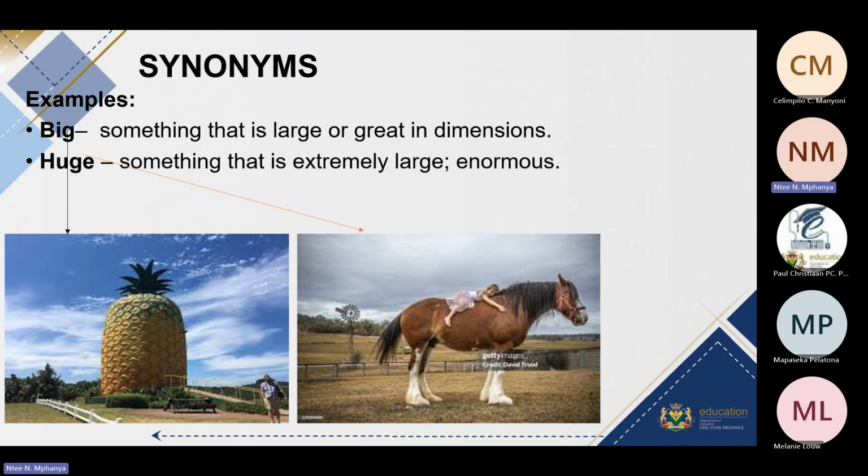It is a huge horse. It has an enormous size. Both of them mean that the sizes are extremely large. Look at that pineapple in comparison to the man standing closer to it. The man is dwarfed by this pineapple.